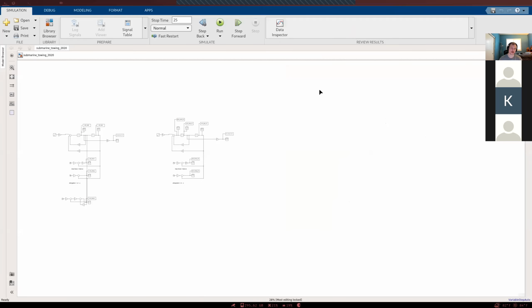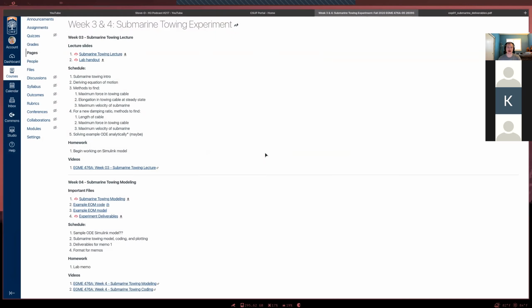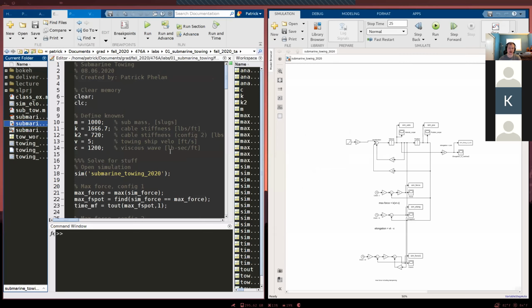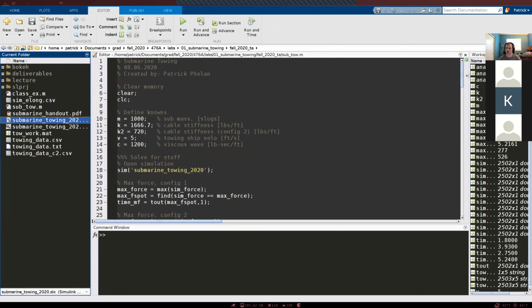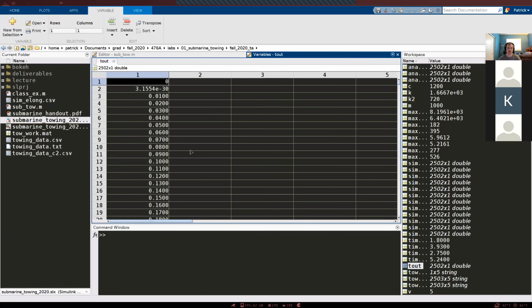Okay, so here's Simulink. So do you have Matlab opened right now too? Yeah. Okay, what's the size of T out? So if you're in Matlab, you go to your workspace. Give me a second, my computer's running slow. Oh, really slow.